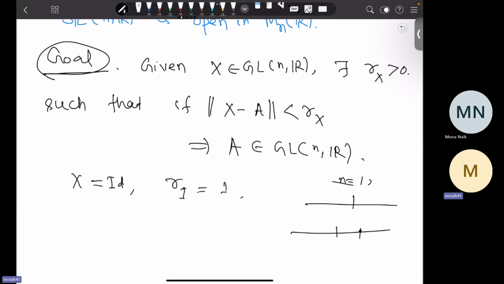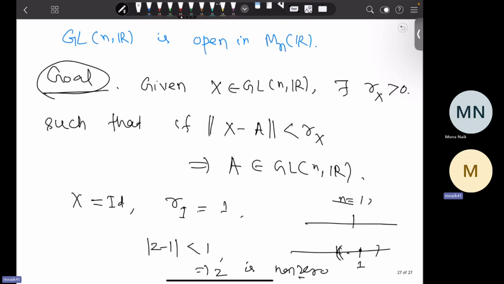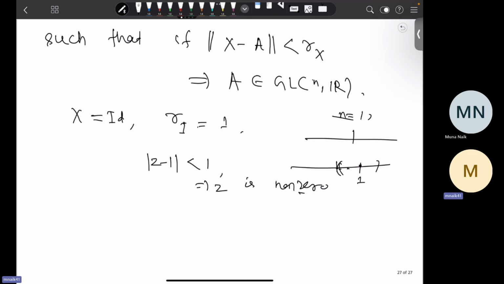Because in the case n equal to 1, if Z minus 1 is less than 1, that is, Z lies in between 0 and 2, then Z is invertible, Z is non-zero, right? So we will use this intuition.